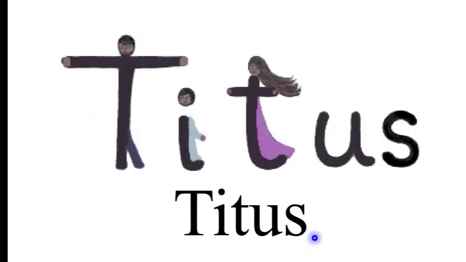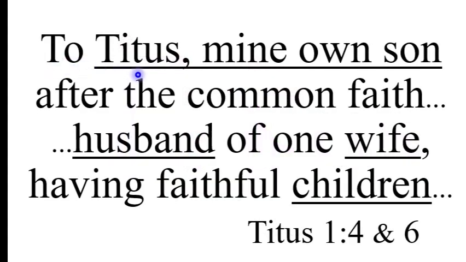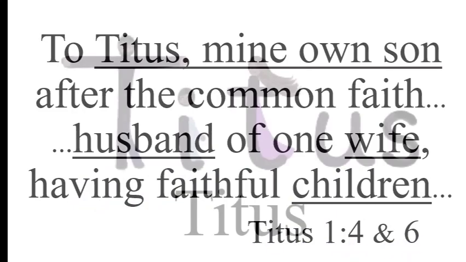The icon for Titus is a family, with a husband, child, and wife, spelling the word Titus, because the Bible says, "To Titus, mine own son, after the common faith, husband of one wife, having faithful children." Titus 1:4 and 6.